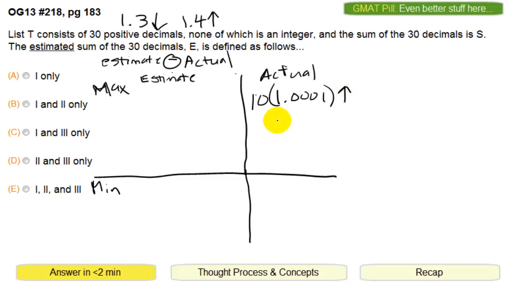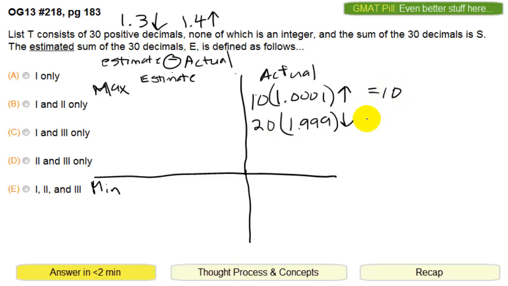Another extreme, for odd, the remaining 20, is 1.999, and that's if you round down. In this case, these are actuals. The result here is 10 times effectively 1, so that gets you basically 10.